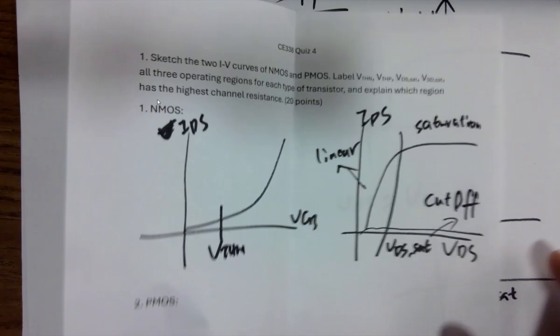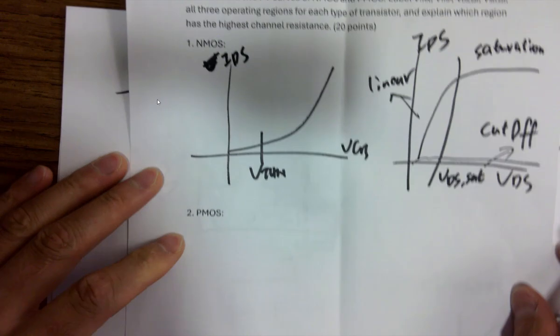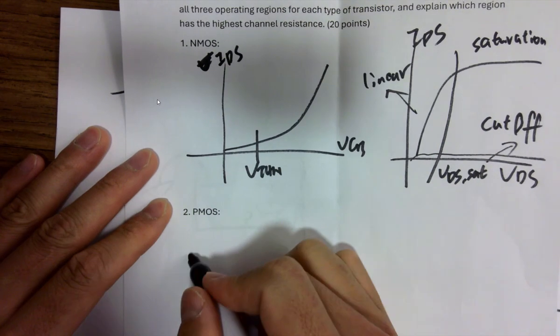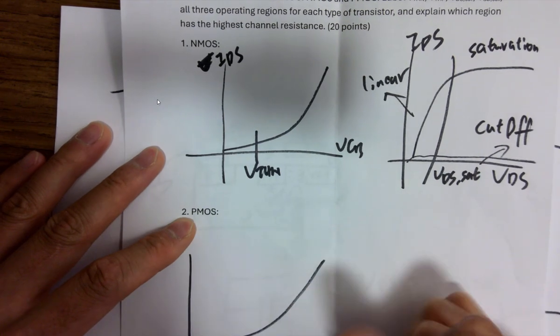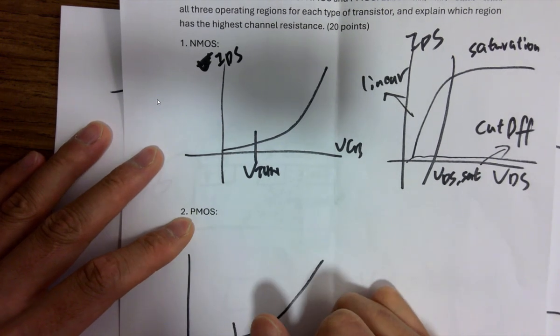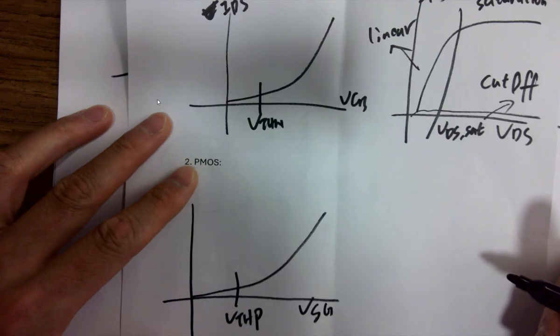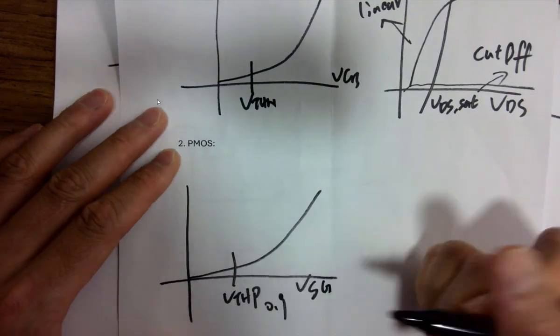That's it for NMOS. PMOS, same thing. It's a VSG instead. VTHP, threshold voltage for the PMOS, which is 0.9 volts instead of 0.8 for the NMOS.